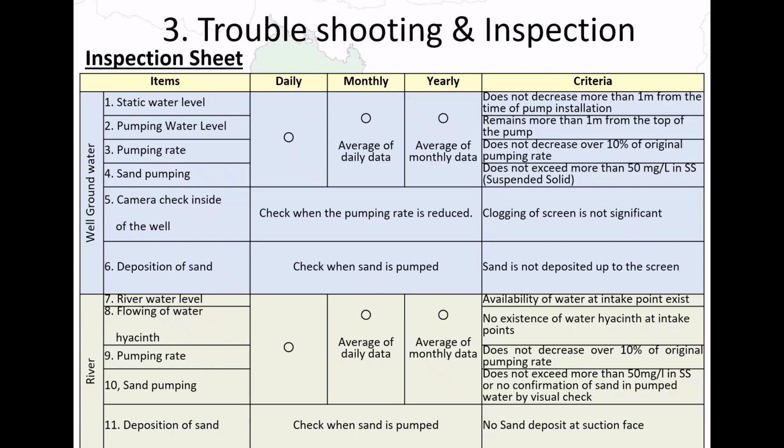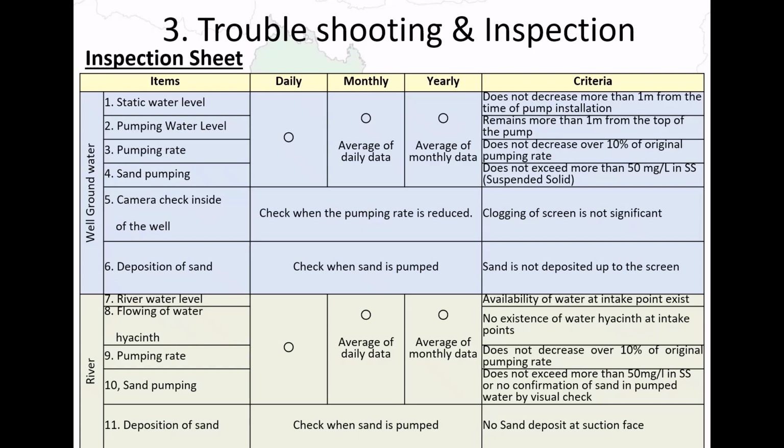The columns for daily, weekly, and monthly checks guide operators on how frequently each item should be observed. This creates a structured habit of monitoring rather than depending on memory or experience.